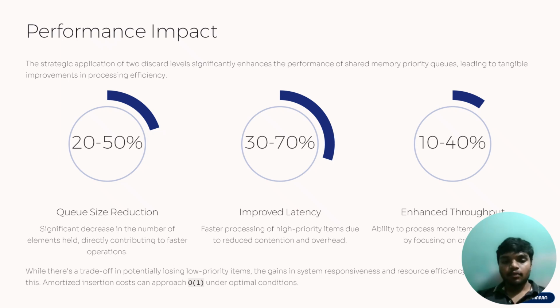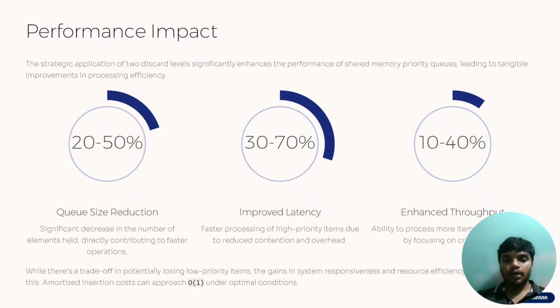Latency: how fast high priority messages are processed. It improves due to early discarding of less important messages. Throughput: the total number of messages successfully processed may decrease slightly due to aggressive discarding, but is more efficient.